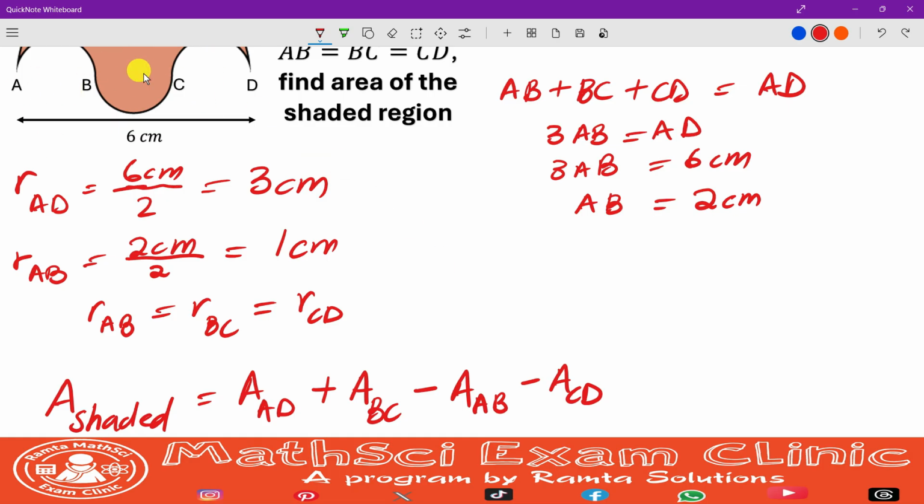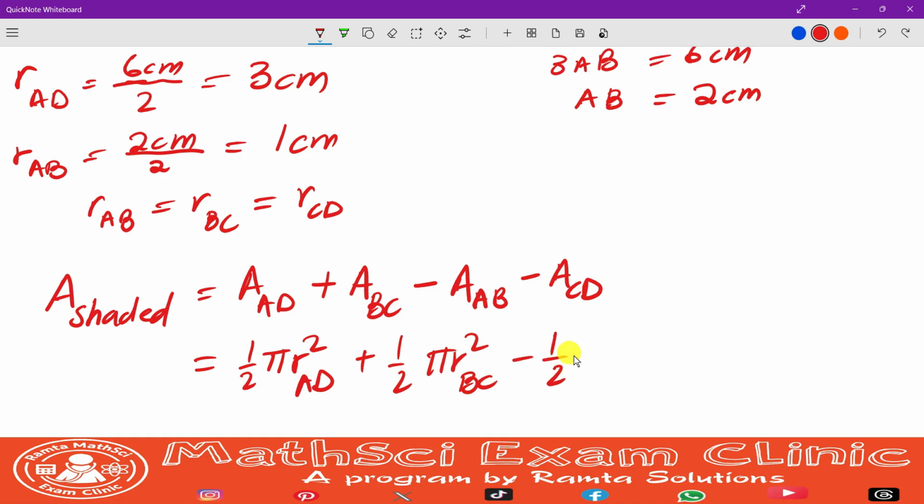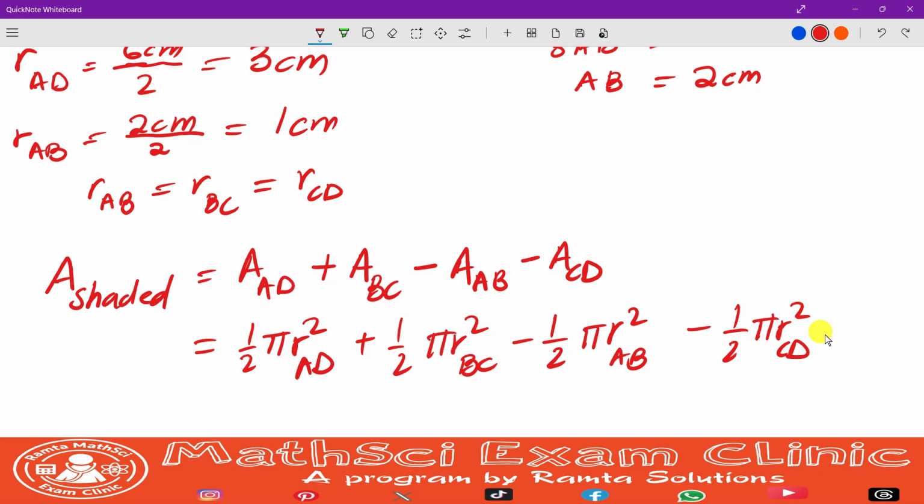As you can see, these are the semicircles. The formula for the area is half pi r squared, right? So we will say the area of AD is half pi r squared of AD, plus half pi r squared of BC, minus half pi r squared of AB, minus half pi r squared of CD, right?